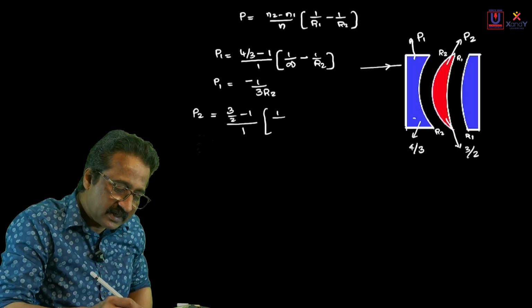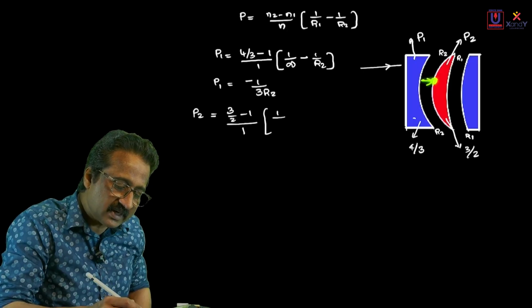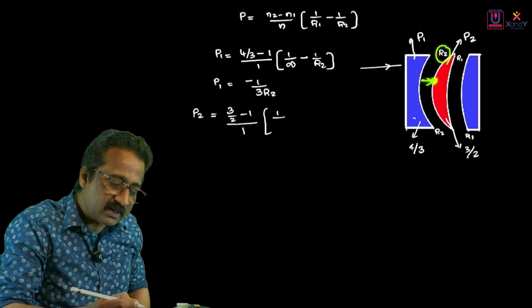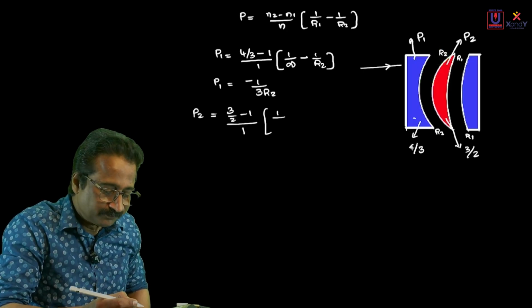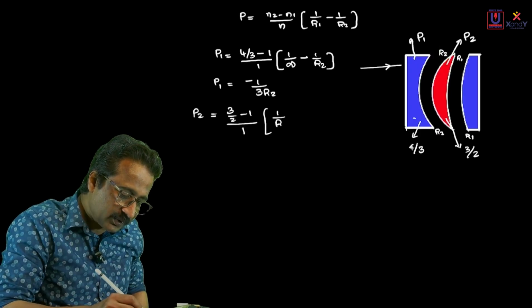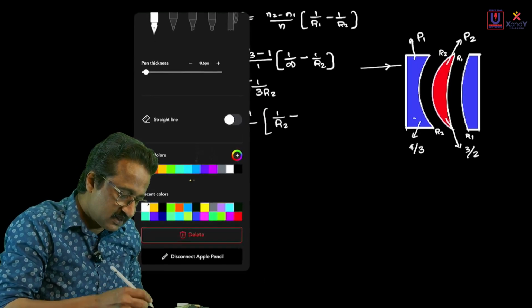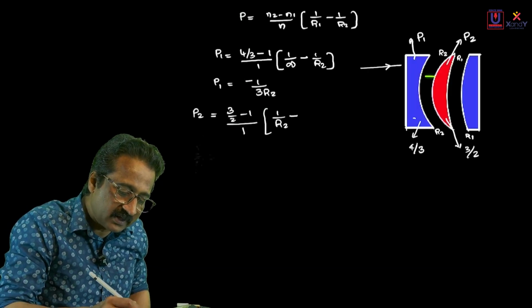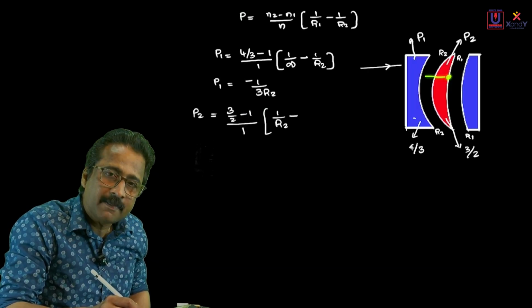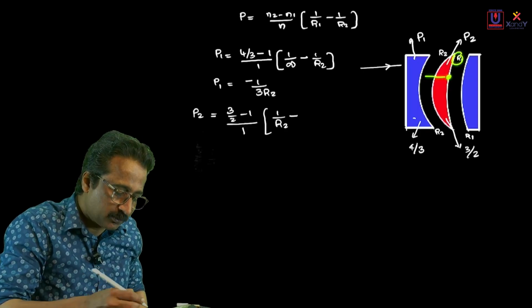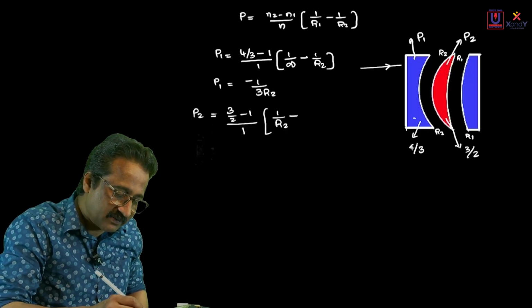See, light is hitting this surface first, so this radius is the first radius. In my figure, it is R2. So that first radius is R2 here, which is plus R2, minus the second radius, which is this. Light first hits the surface, then it hits here. That is the second surface, whose radius is R1 as per the given data. So that is 1 by R1.